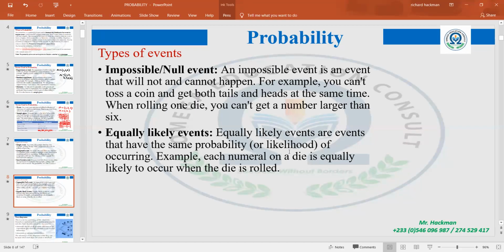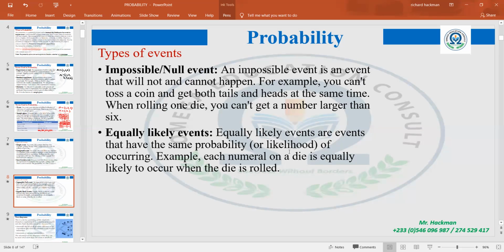That event cannot occur, and once that event cannot occur, then we are dealing with an impossible event. If I roll a die, the set of possible numbers that you can get will be 1 up to 6. So any event that involves 1 up to 6 will be a possible event. Otherwise, outside that will give you the impossible or null event.